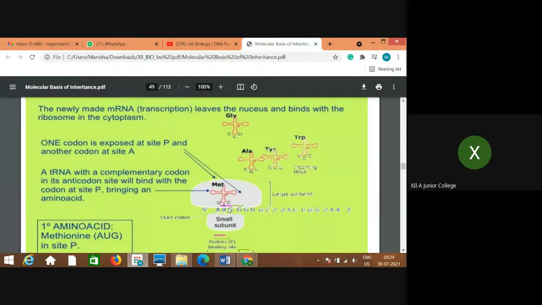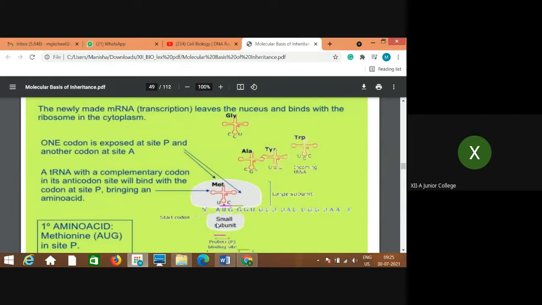A group of 3 nucleotides represents a single codon. Everything is taking place in the cytoplasm. Now this mRNA has come into the cytoplasm, which is processed mRNA with 5' end and 3' end. Then rRNA directs this mRNA to the actual site of protein synthesis, that means the ribosomes.